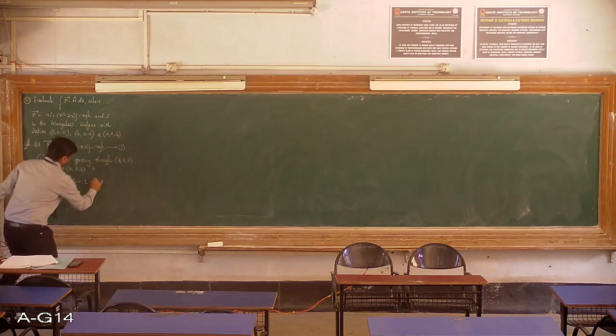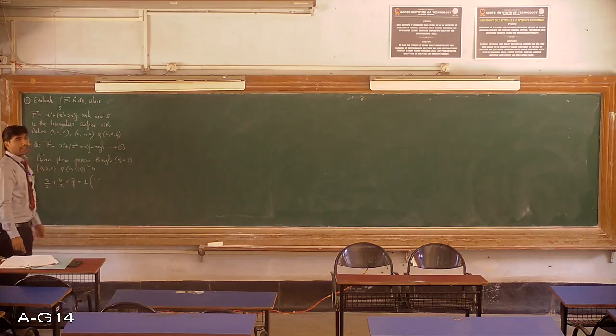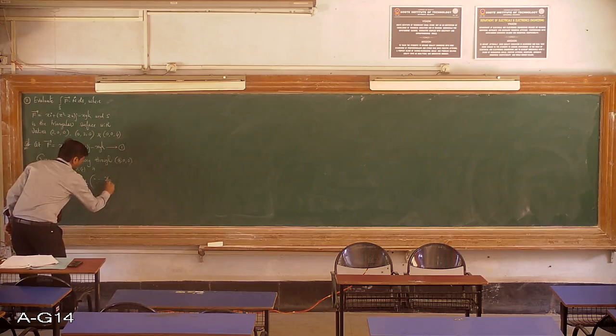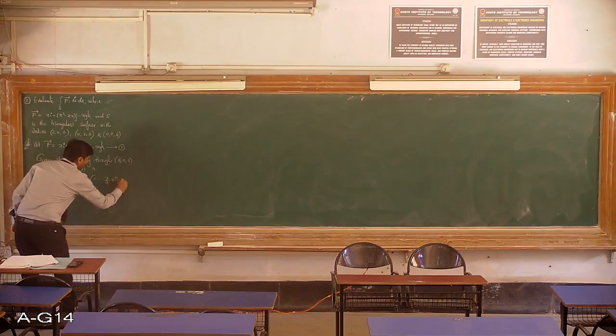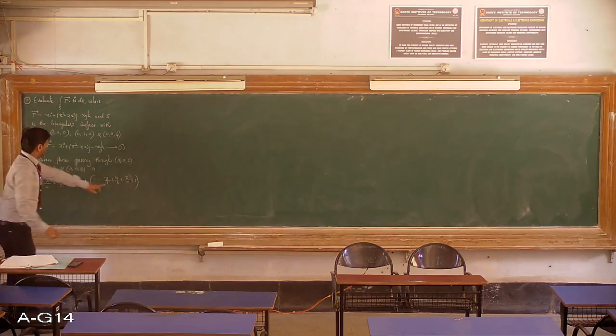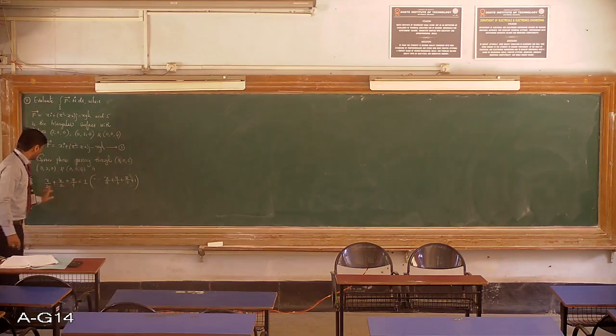Here I'll write, because if a is the x intercept, b is the y intercept and c is the z intercept, then the equation of a plane is x by a plus y by b plus z by c is equals to 1. So the x intercept is 2, y intercept is 2 and z intercept is 4. Therefore we have written like this.